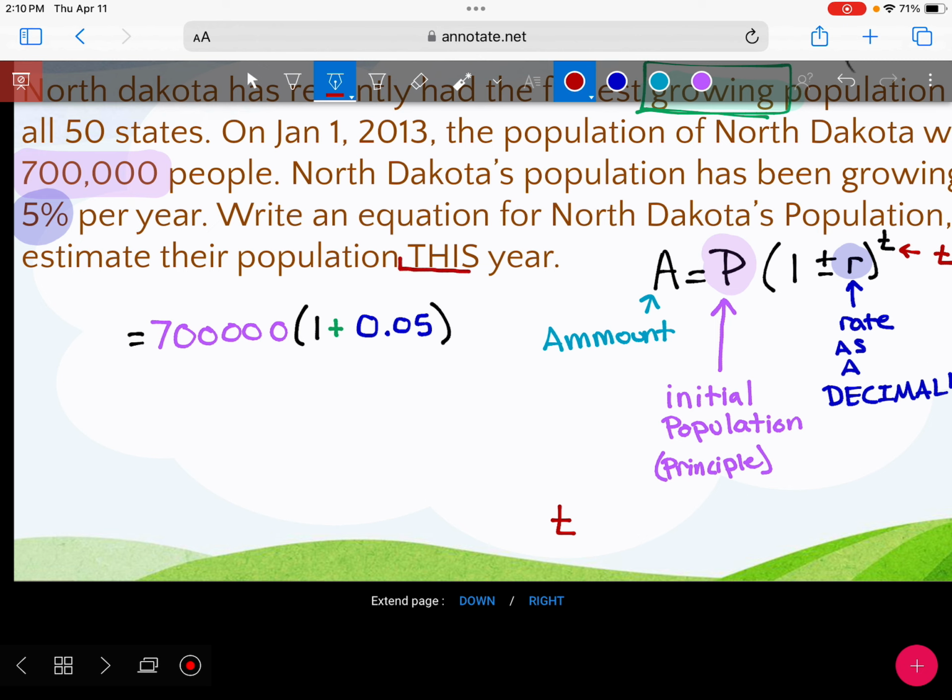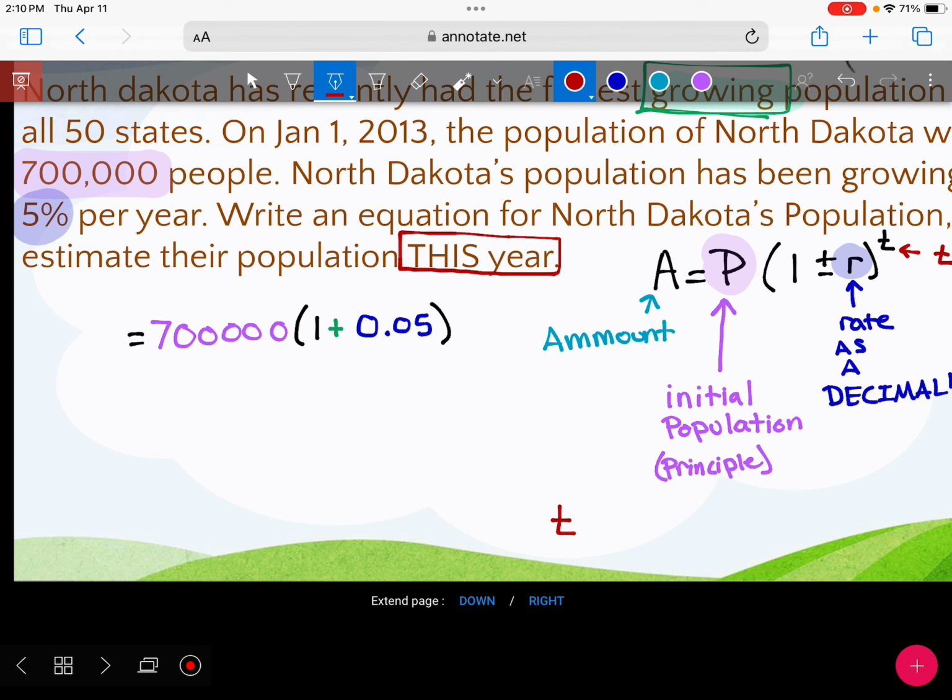I want to know what the population is this year, right? What year is this year? Right now, 2024. What year did they start collecting data? 2013. So how many years has it been? 11 years.